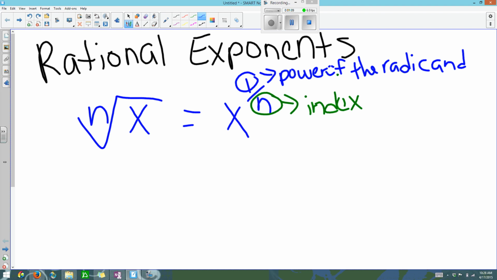Okay, everyone see that too? So like here we have x to the power of 1, but we don't have to write it. So the 1 will be the numerator, and the index will be the denominator.